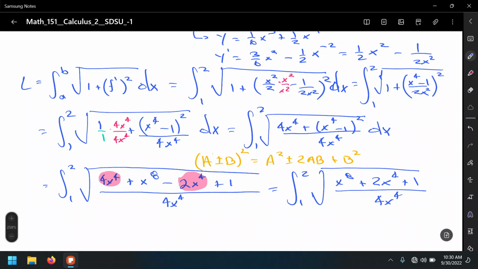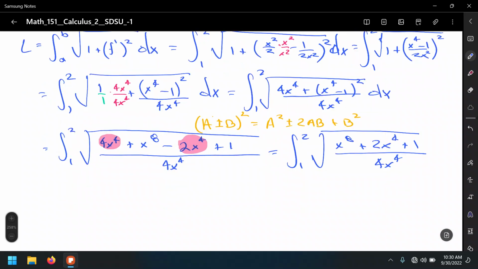Can we simplify this further? Of course. Did you notice the form here? The trinomial that we have in the numerator? Do you see the pattern? A square, and half of the degree, and then 2 times, you know. Let me do some examples on the side. For example, x plus 3 squared is x squared plus 2 times this, that's 6x, plus 9.